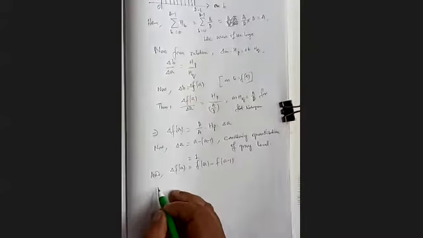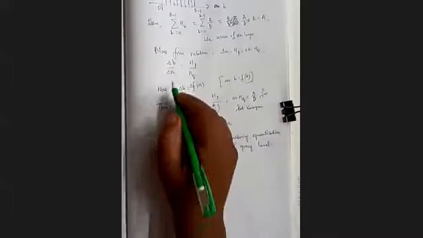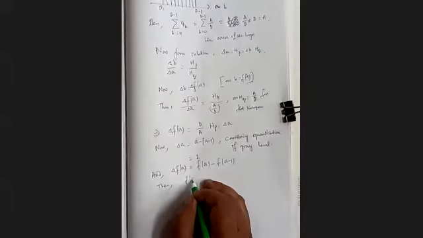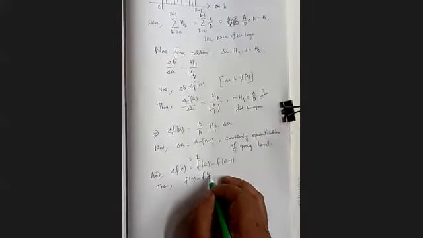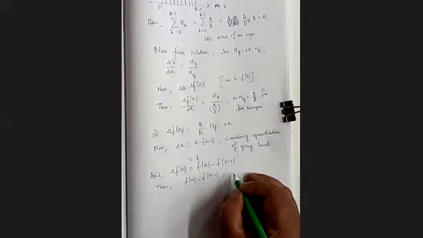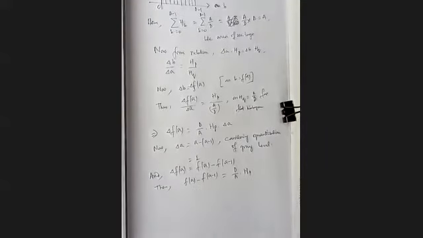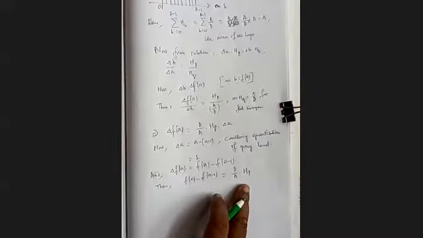Then we can write FA minus F of A minus 1, divided by 1, equal to D by A into HP. So that is the relation.